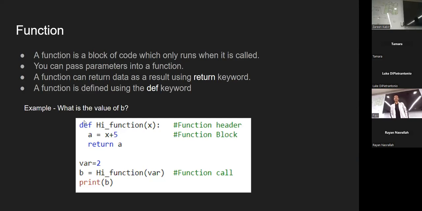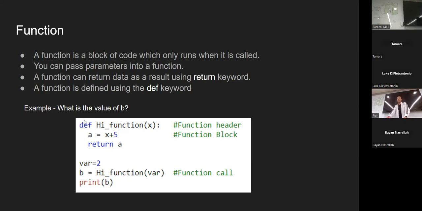The function name is hi function. Looking back to find hi function, it accepts one parameter. Inside the hi function, we have the function block. The function block is the content of the function. In this case, they are a equals x plus 5, and return a.